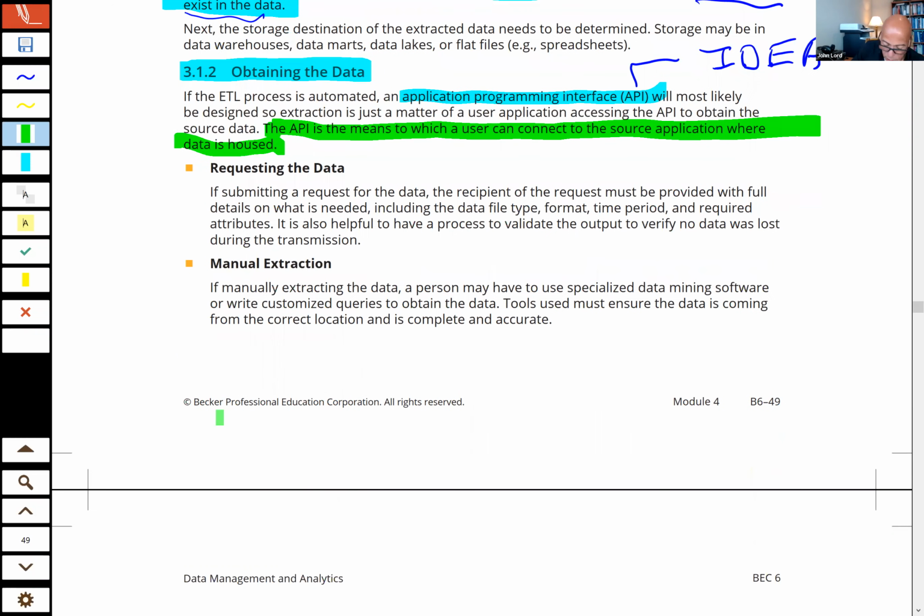Okay, going over to the next, and they talk about requesting the data. What I find interesting about the way textbooks write about requesting data is it sounds like you get one shot. You request the data, and if you don't ask the question exactly correct, you're stuck with what you get. There's probably a negotiation process before, during, and after the request. So you're requesting the data, but you're talking a lot beforehand about the data, so you understand things like, oh wait, there are these paper tenders over here.